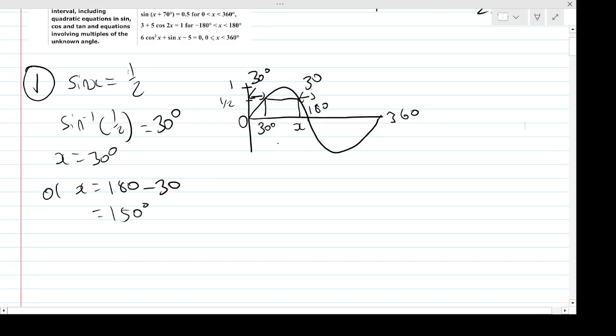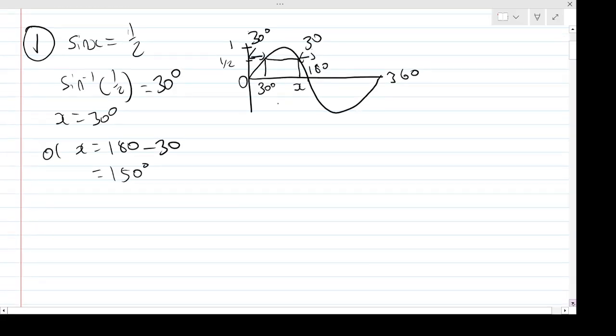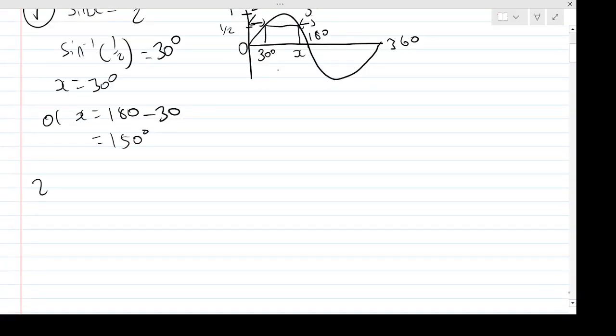And so that idea of considering the gaps at either end is what we'll always want to do, right? By the symmetry. Now the other possibility is, what if we have a negative? So say sine x is now negative a half instead. So it's a slightly different way of doing things.